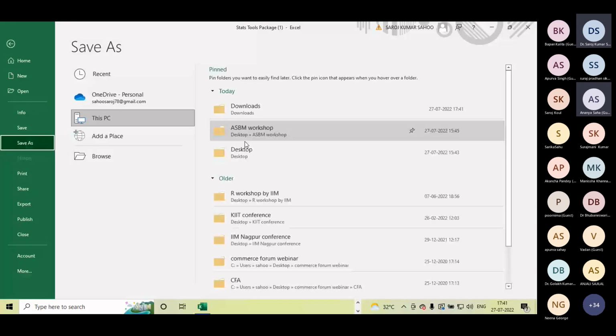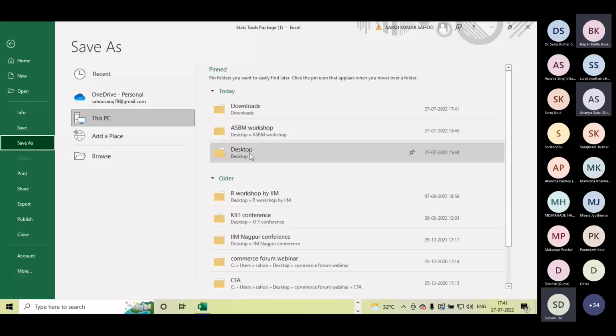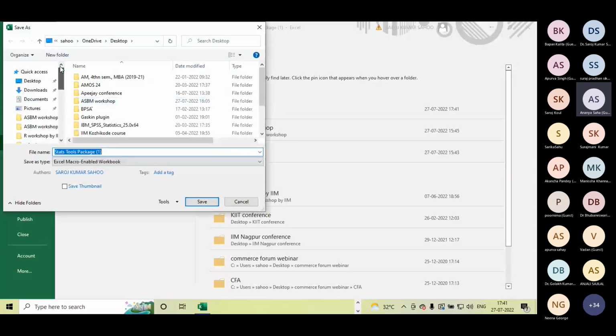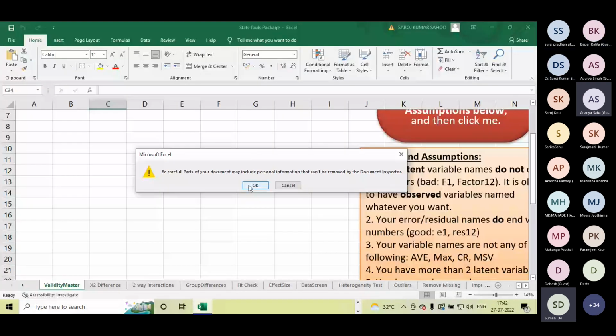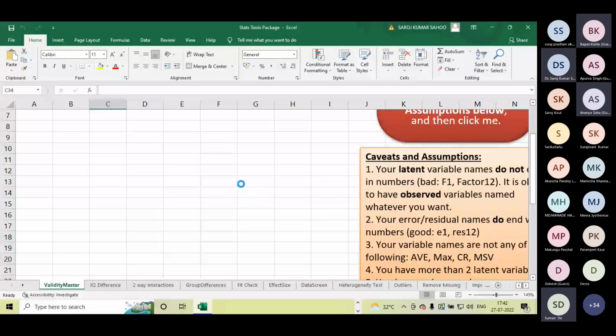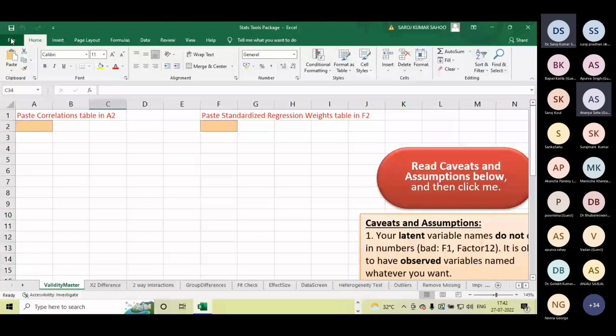See, anyone who is asking how to do it, please go to the file.